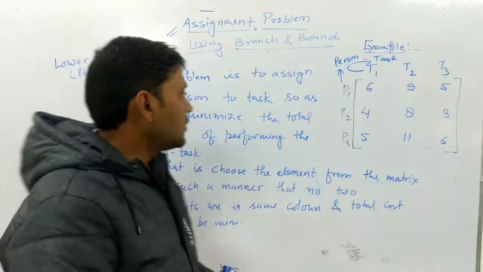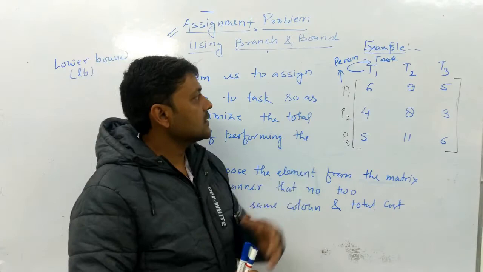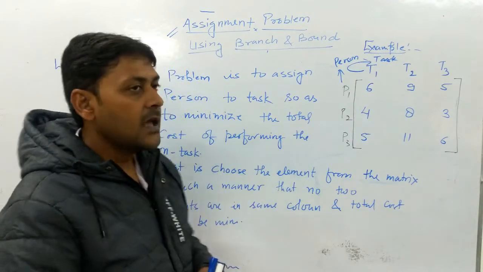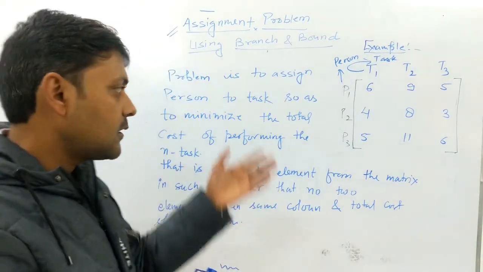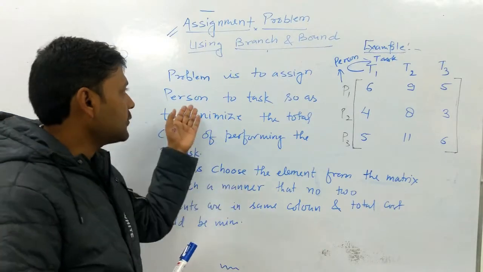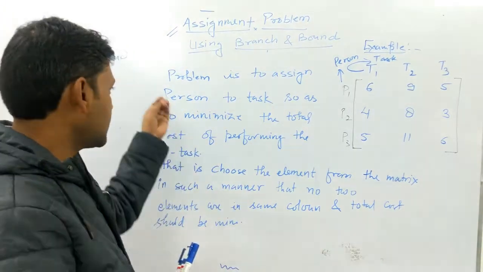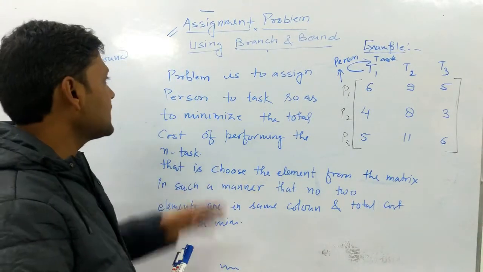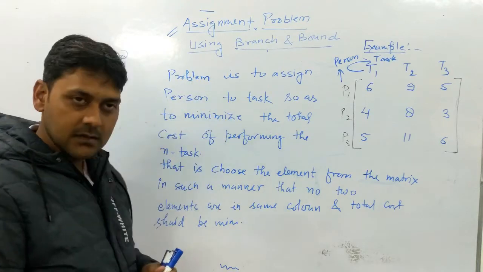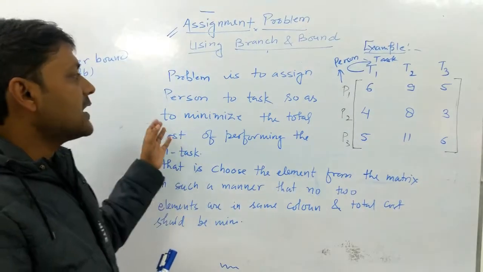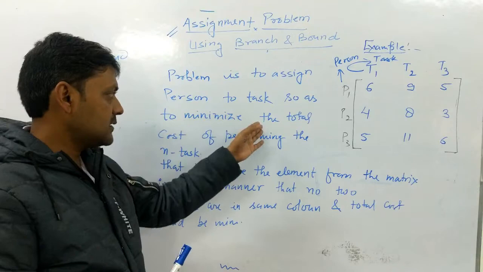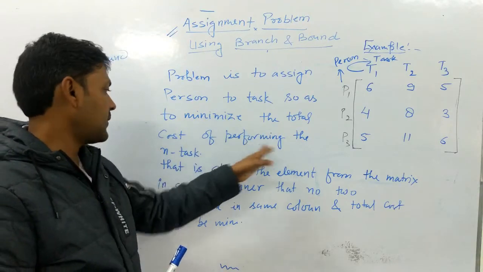So let me discuss how to solve this example, and before solving this question, we have to discuss some terminology. The problem is to assign persons to tasks so as to find the minimum value of the total cost of performing n tasks.